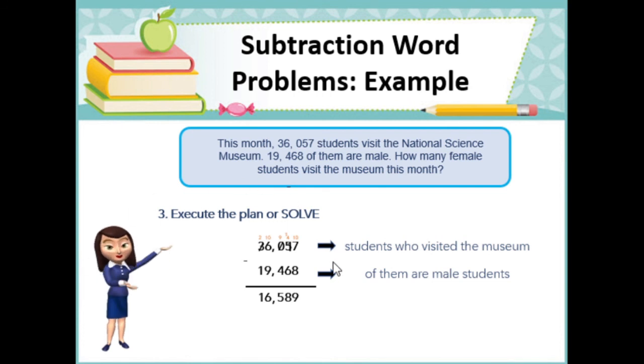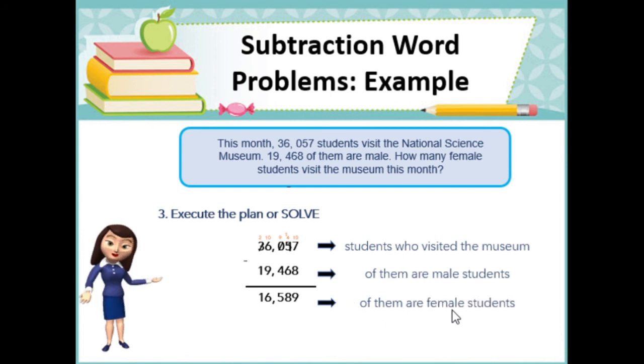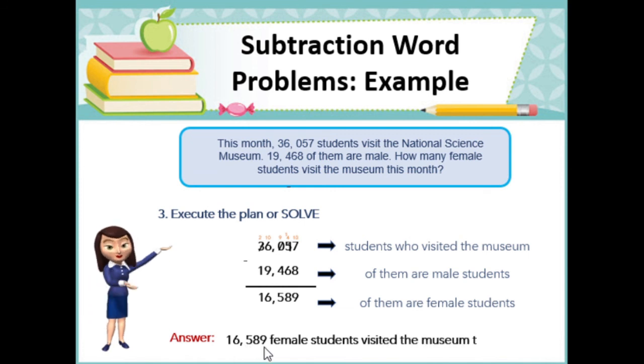And finally, we got the answer. 16,589 of the students are female. So the answer to the problem is 16,589 female students visited the museum this month.